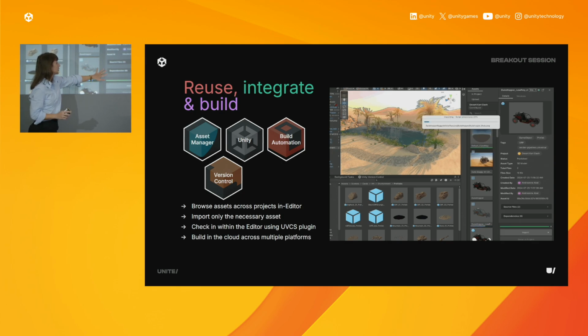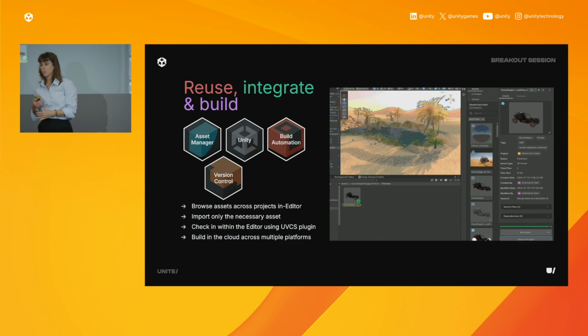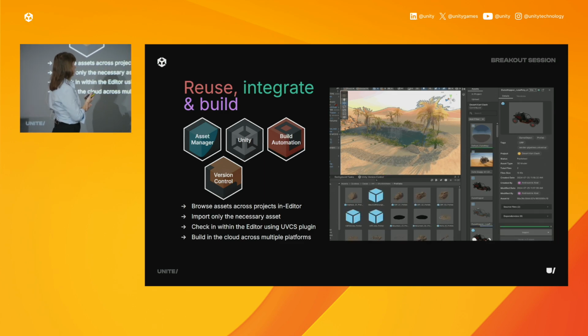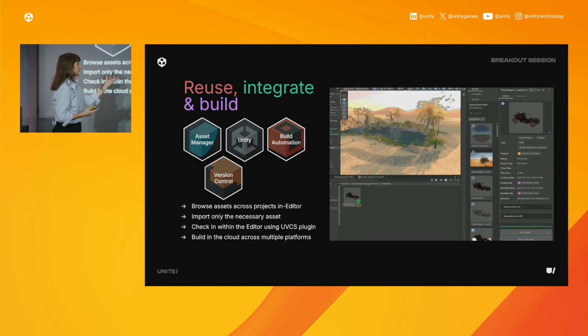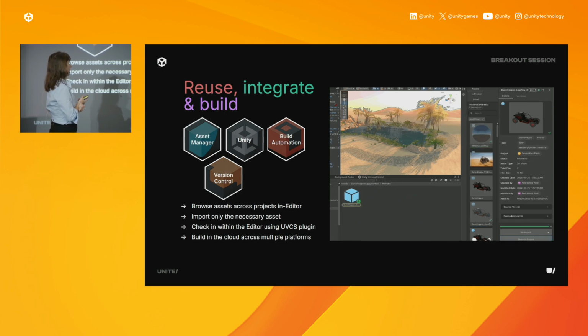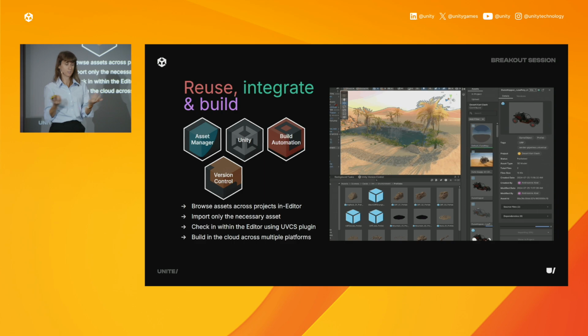So let's say this prefab has a dependency on a mat, on a mesh. You will be getting those when you import the prefab. He showed us how you can check in your files using the Unity version control plugin. And again, he showed us how you can build in the cloud and play with WebGL and share those builds with testers.